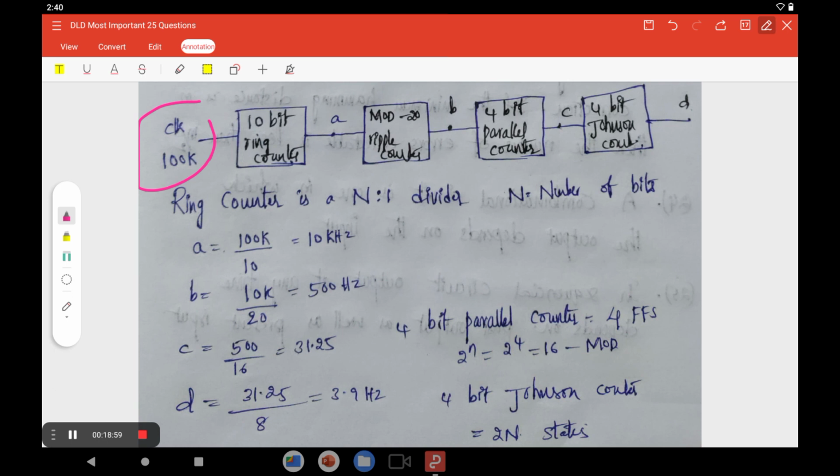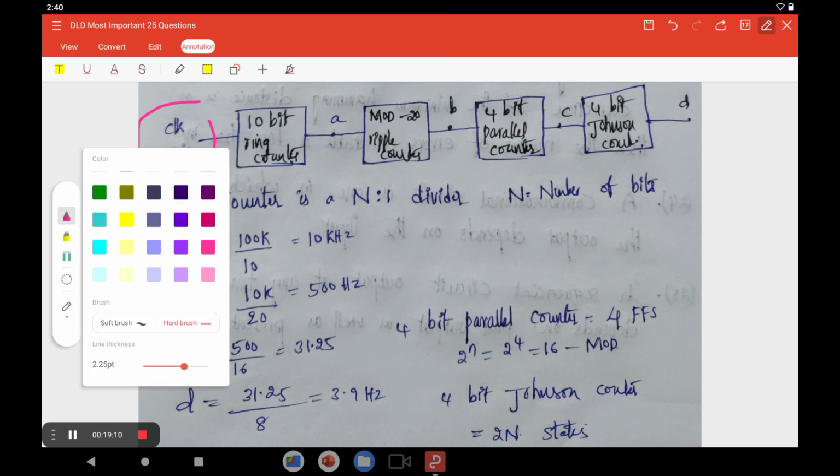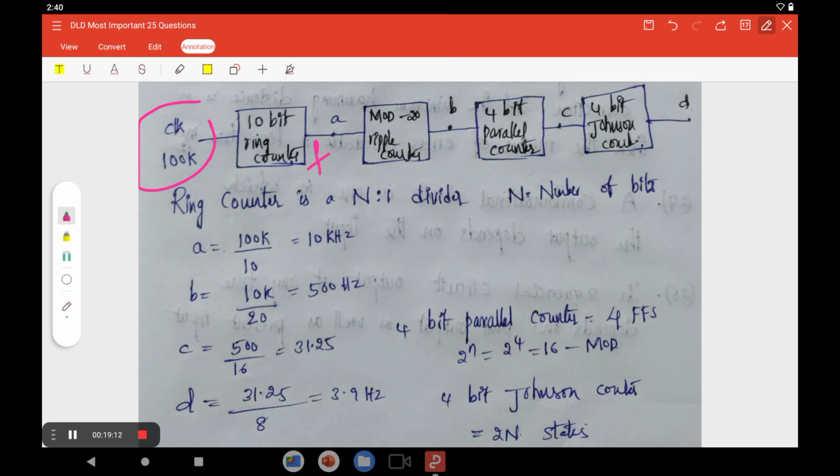A 10-bit ring counter represents the mod value. To find the output of the corresponding block, the input is divided by the corresponding mod value. So in the first case, 100k divided by 10, therefore we will get 10 kilohertz. That is the value at symbol A.